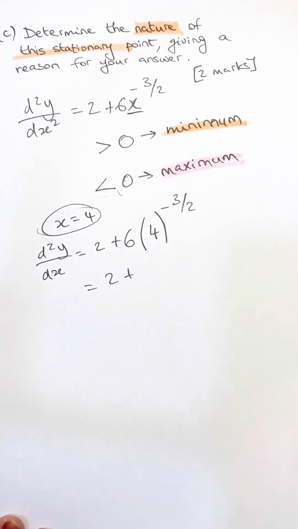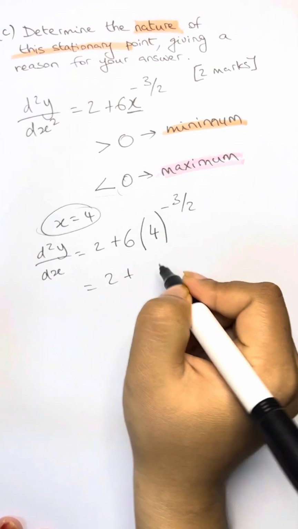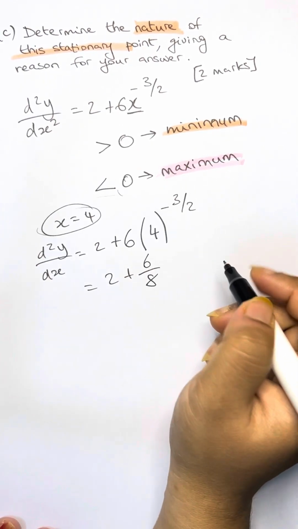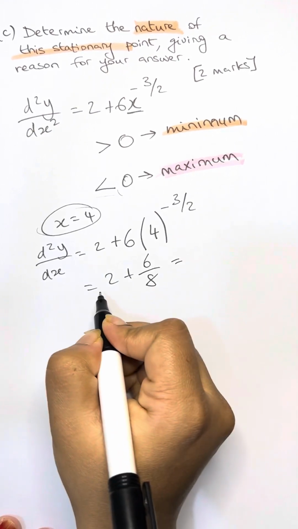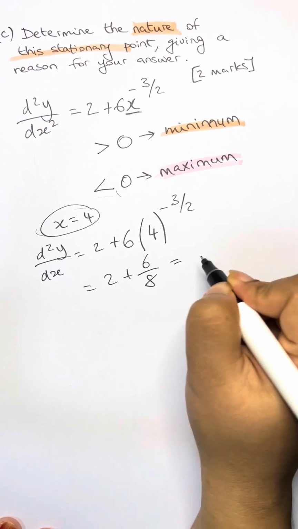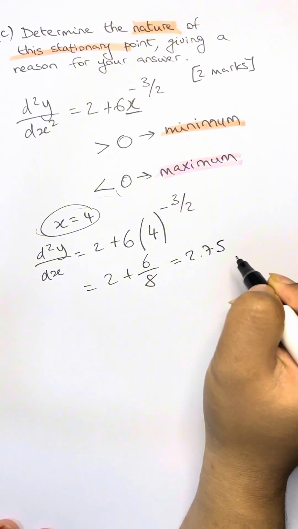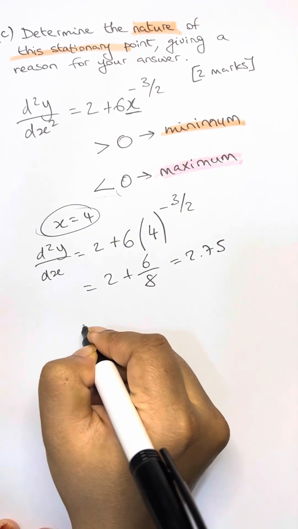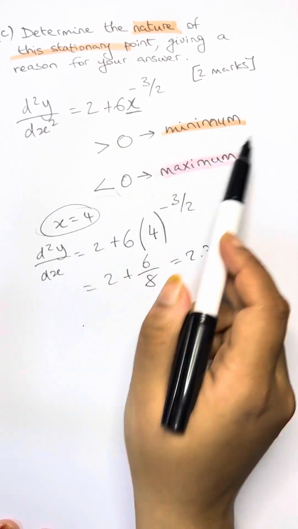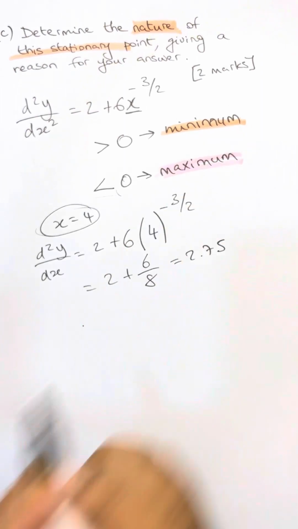So 1 over 8, sorry. So that's going to be 2 plus 1 over 8. So my final value should be 2.75, yeah?